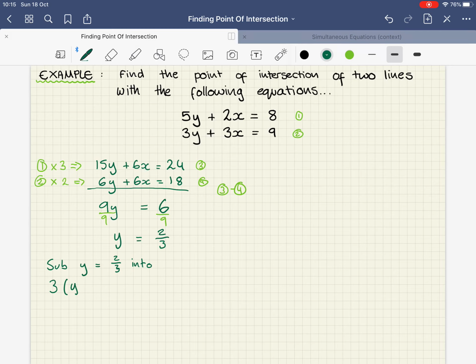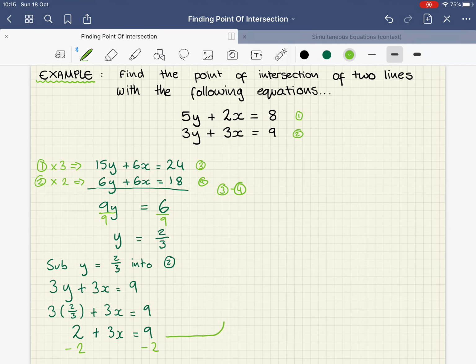So let's write out our equation 2 fully. So I've got 3y plus 3x equals 9. So that's going to be 3 times 2 over 3 plus 3x equals 9. So then at that point there, 2 over 3 times 3, that is just going to give me that 2. Then I'm going to take away the 2 on both sides.